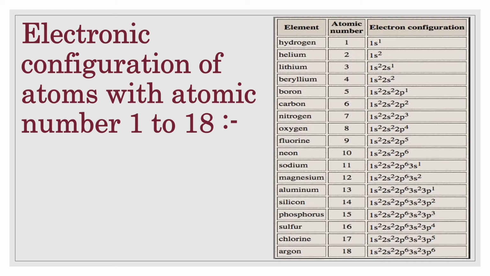So initially 1s is filled, after 1s 2s will be filled, after 2s 2p, and after 2p the next higher energy will be 3s, and after 3s 3p. So similarly it goes on, and then we have to fill up the number of electrons. While filling up the electrons, there are certain other ways to write down the electronic configuration of these elements. So let us discuss that.